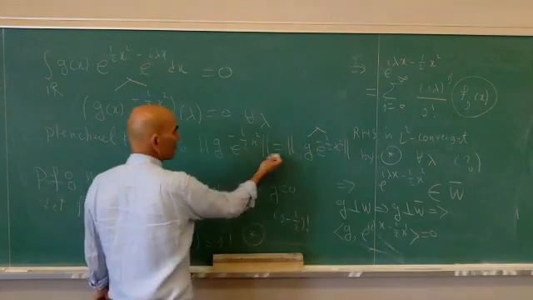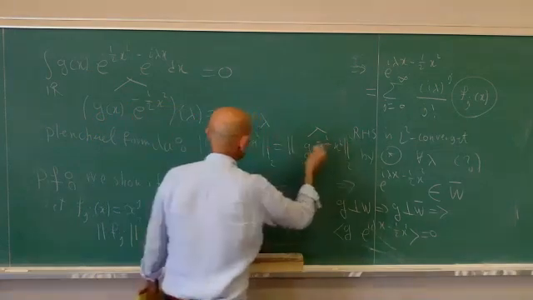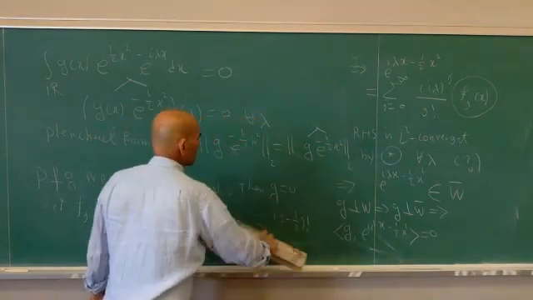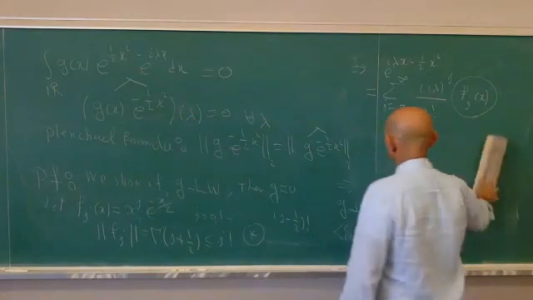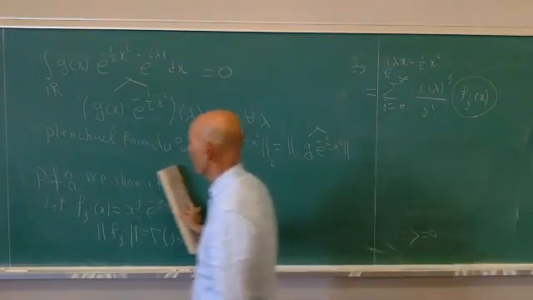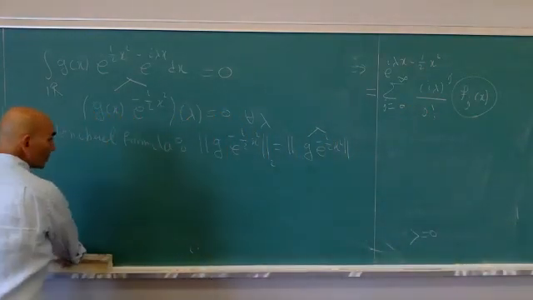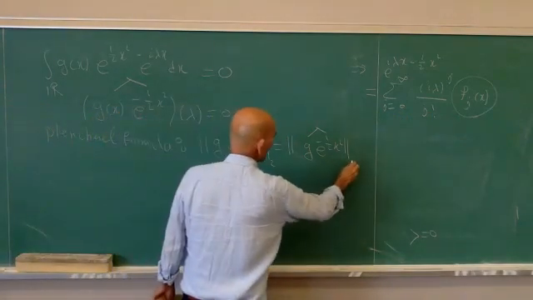This is one of those magic formulas in mathematics, that the L2 norm of the function and the L2 norm of the Fourier transform are the same.